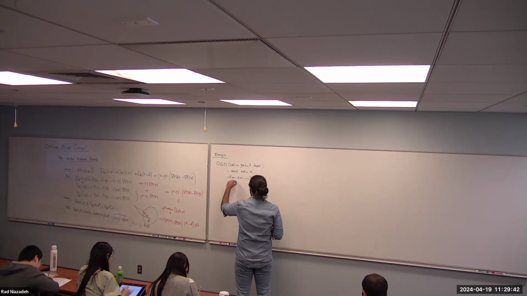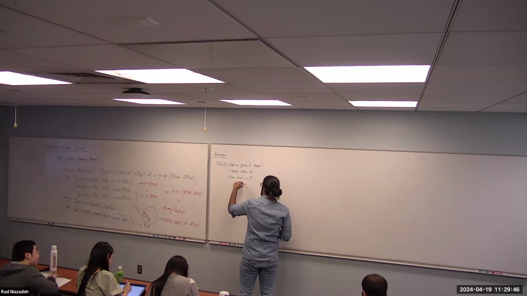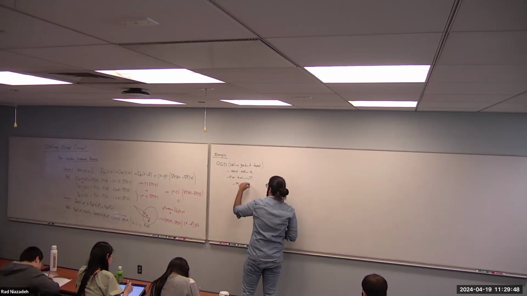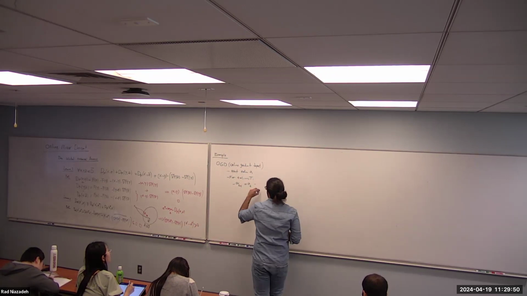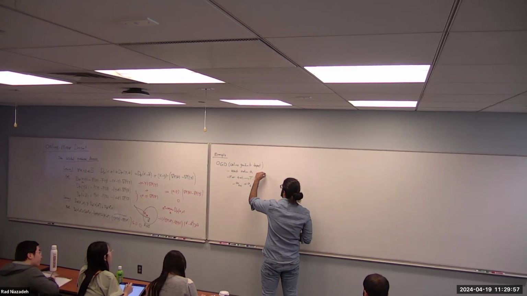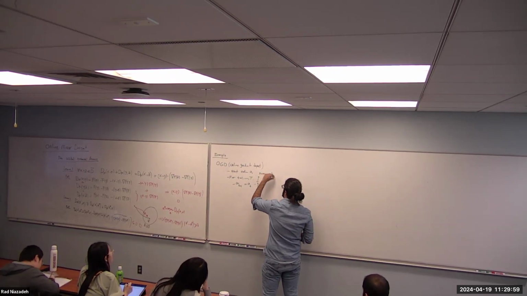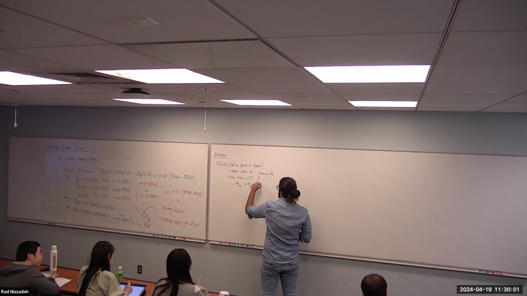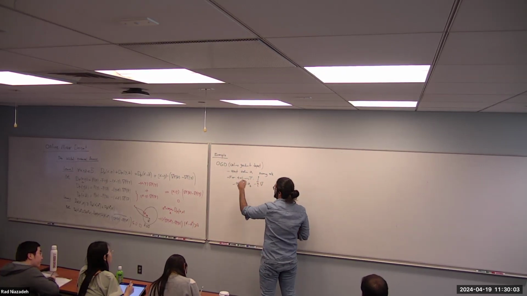Then you get W_{t+1} is equal to A_t minus some number, I'm going to call it the learning rate eta, times the gradient of f_t at the point A_t.